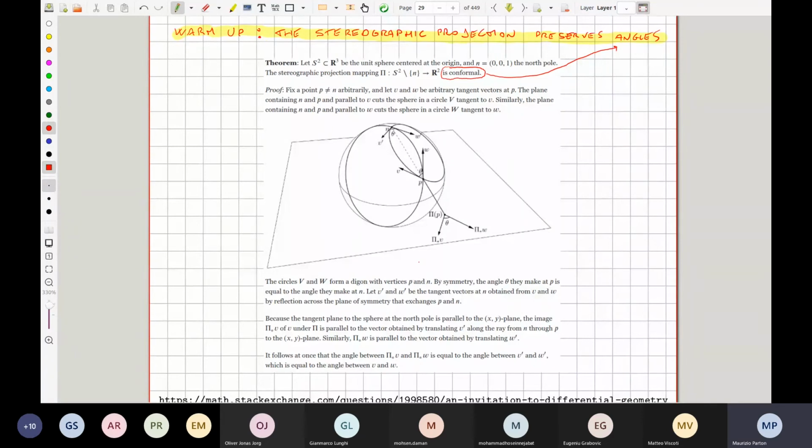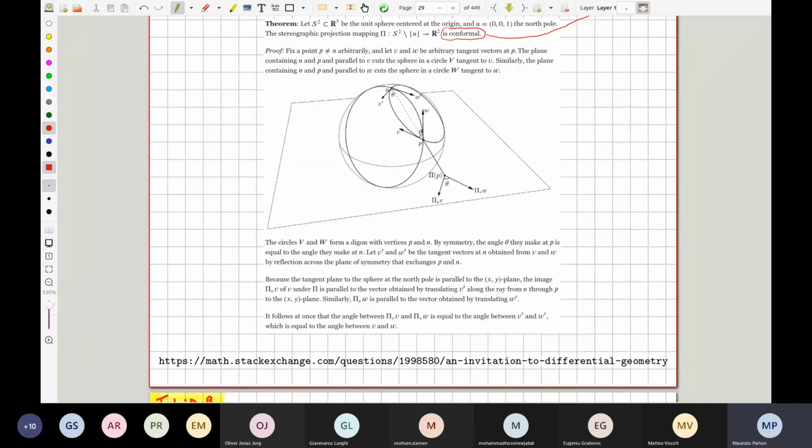Okay, so what does it mean, preserving angles? This is a sphere, okay? And you have a vector here, a tangent vector, meaning a vector which is not going through the sphere, it's just touching the sphere.